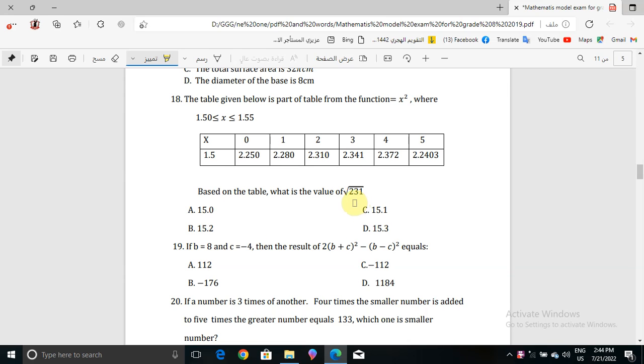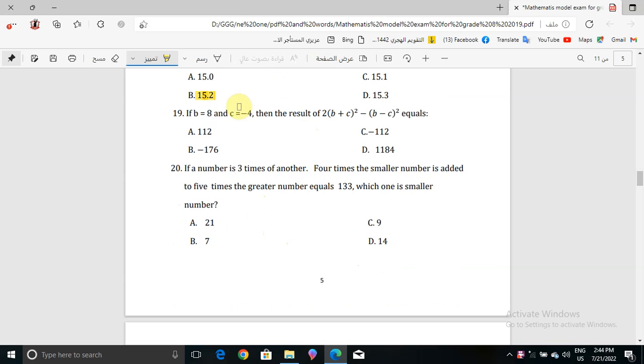So the correct answer here, we have 15, 231. It will be 15.2. Yes. 231 here, and here we have 2.310.